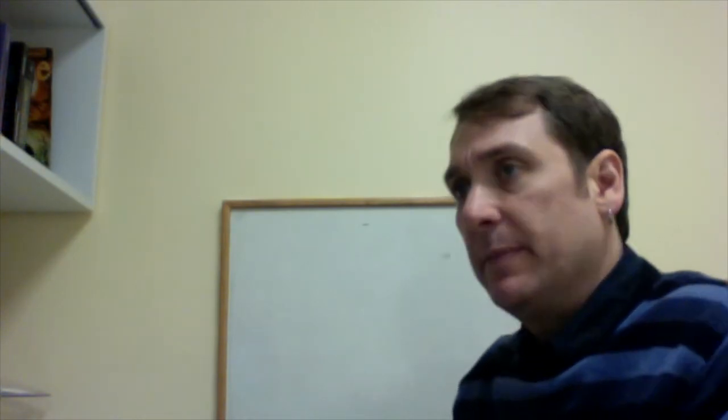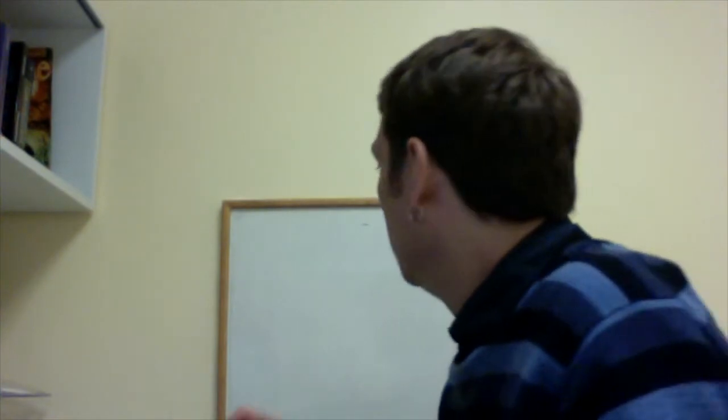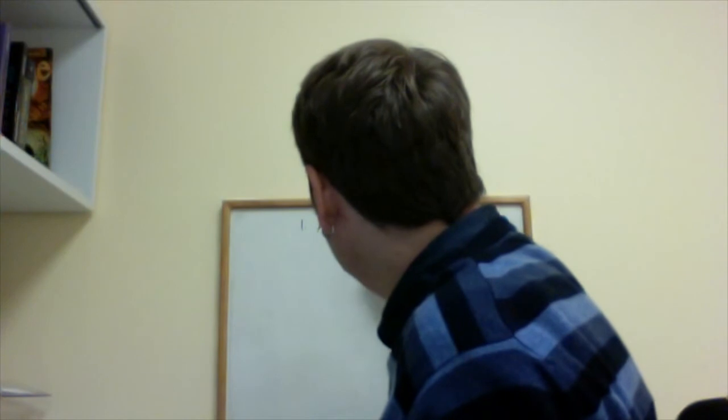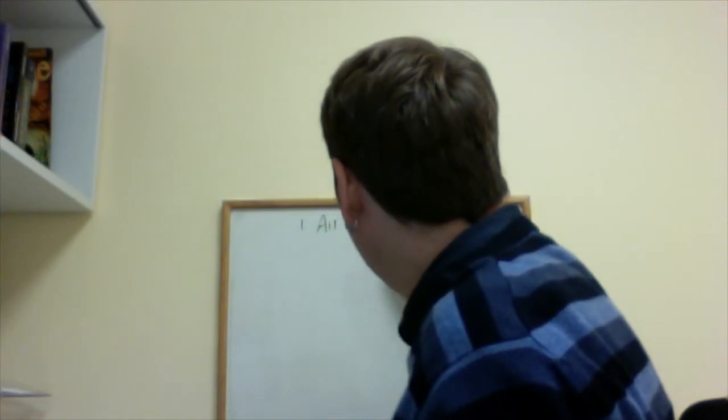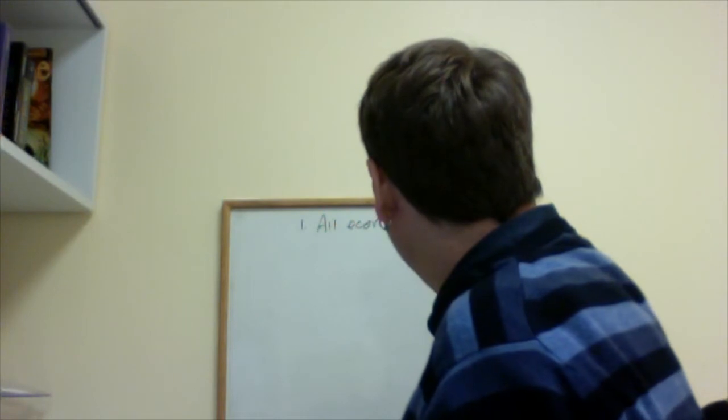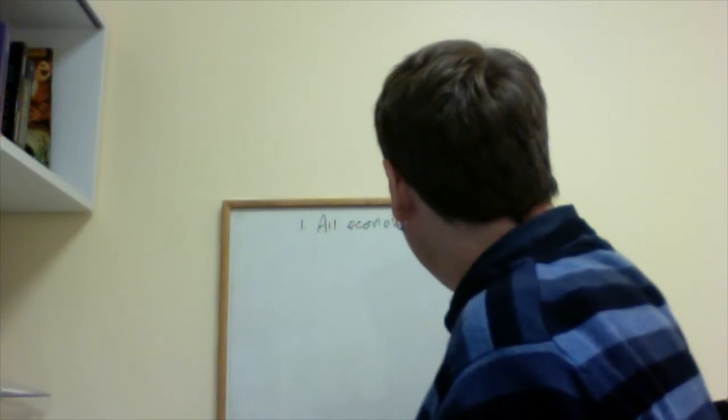Okay, so suppose we had the following argument. This comes from the book. The first premise says all economists are social scientists. So let's write that down. All economists are social scientists.